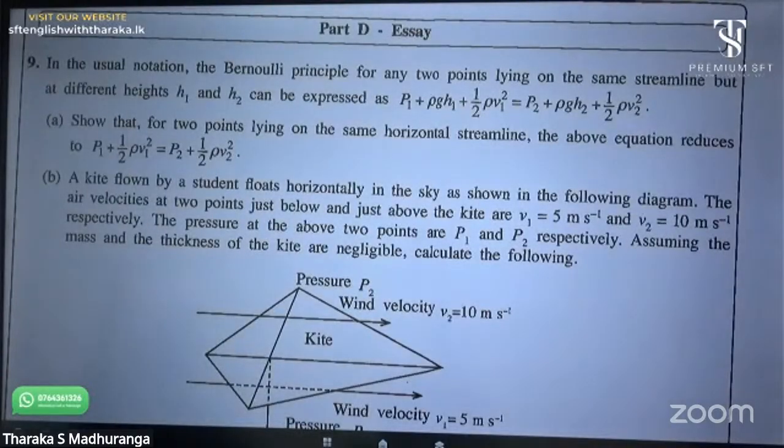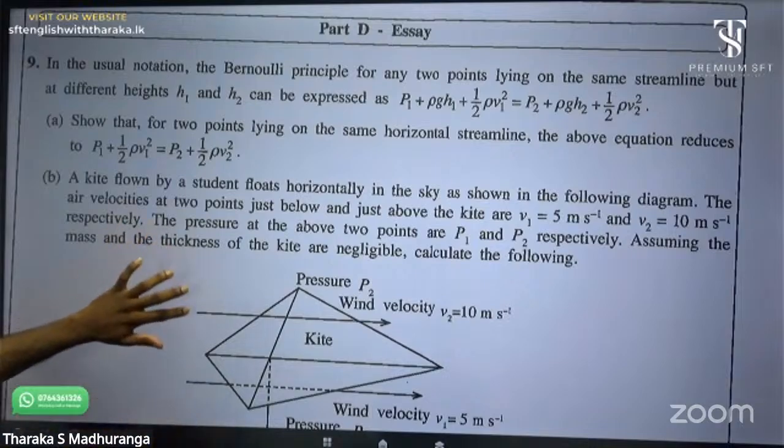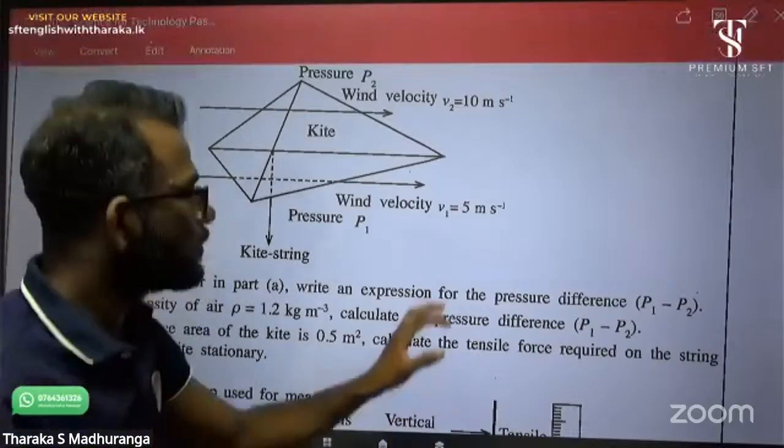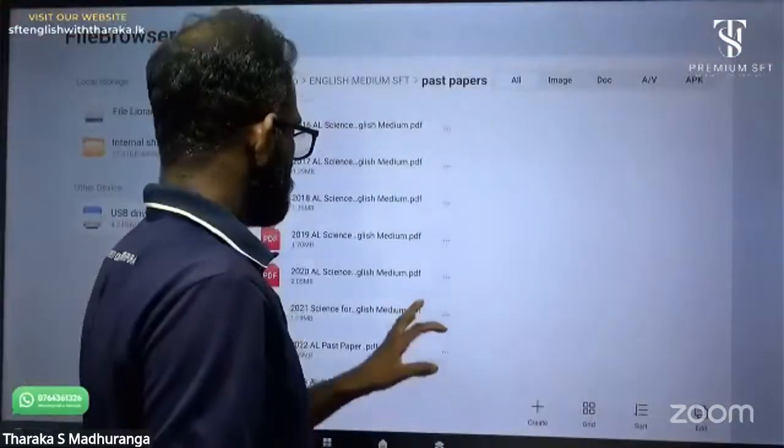The pressures at the 2 points are P1 and P2 respectively. Assuming the mass and thickness of the kite are negligible, no mass and no thickness, therefore no height difference. Using the answer in part A, write an expression for the pressure difference.